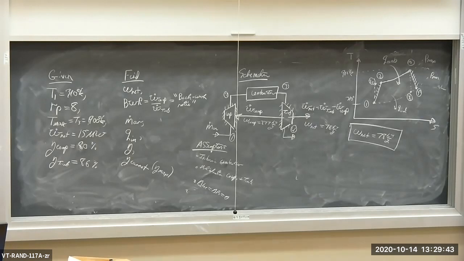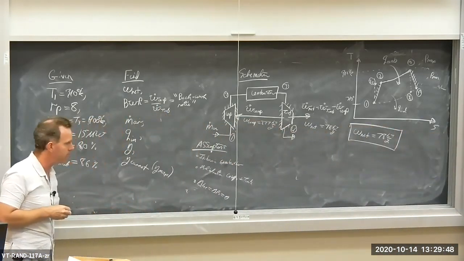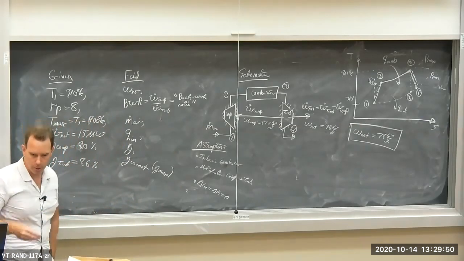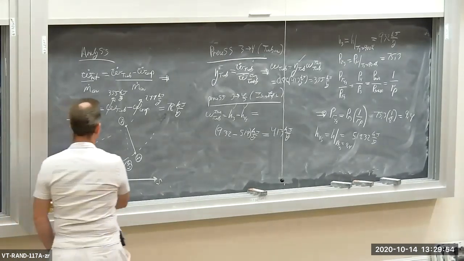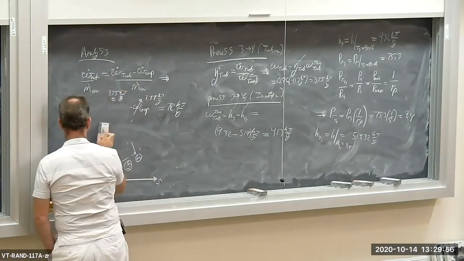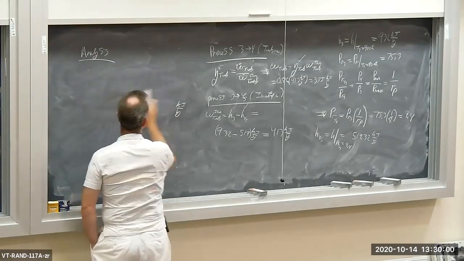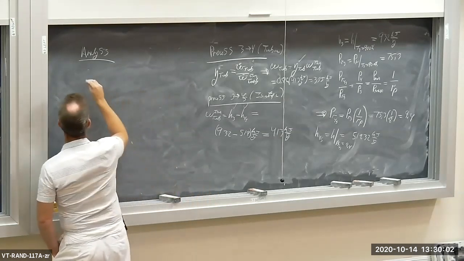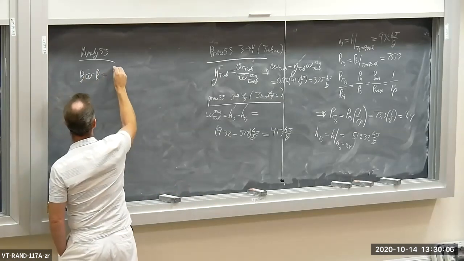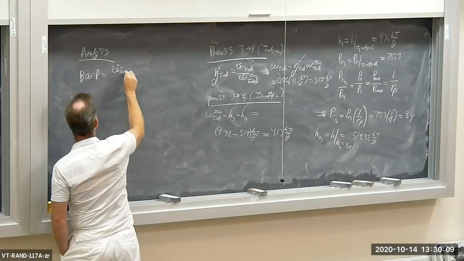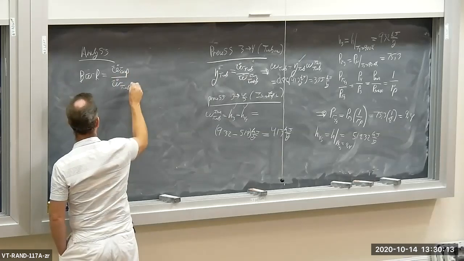In fact, it's the ratio W dot compressor over W dot turbine. Backwork ratio equals W dot of the compressor divided by W dot of the turbine.